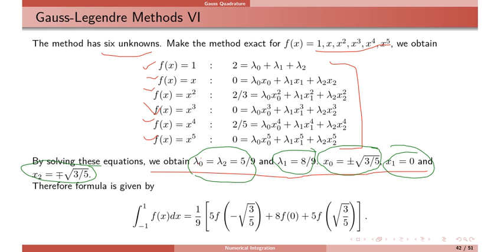So x0 and x2 are of opposite signs and have the same values. And finally the formula is this: integral from -1 to 1 equals lambda 0, 5 by 9, times f at minus root 3 by 5, plus 8 by 9 times f(0), plus 5 by 9 times f at root 3 by 5. And this is called the 3-point formula.